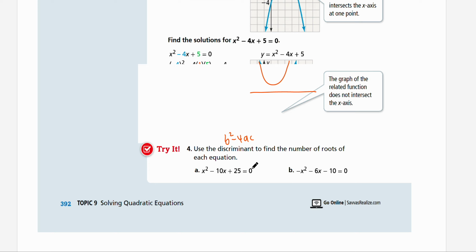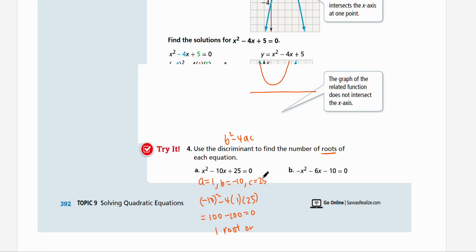Okay, are you ready? All right, let's identify the A, B, and C. A is 1, B is -10, C is 25. b squared minus 4ac would be -10 squared minus 4ac. That is going to be 100 minus 100, which is 0. So it's going to be 1 root.